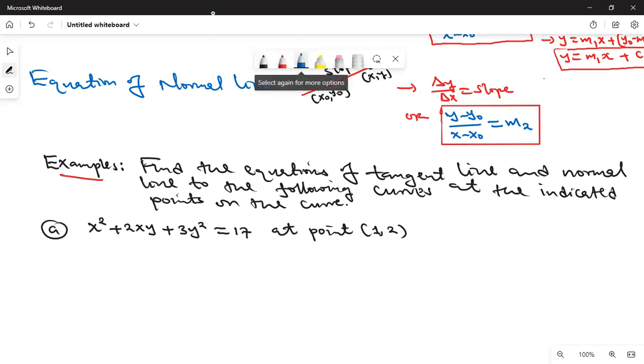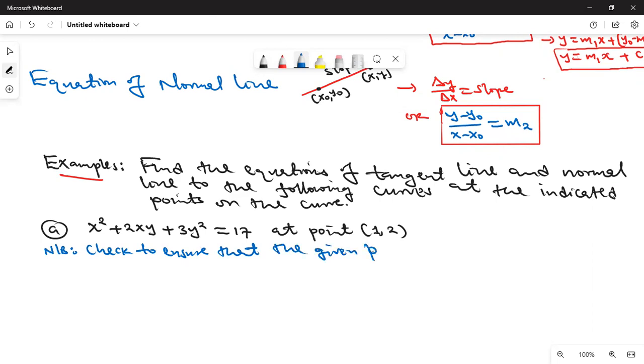Solution. Now, what you need to take note of is that you must ensure that the given point lies on that curve. Take note, first of all, you need to carry out a check to ensure that the given point lies on the curve.